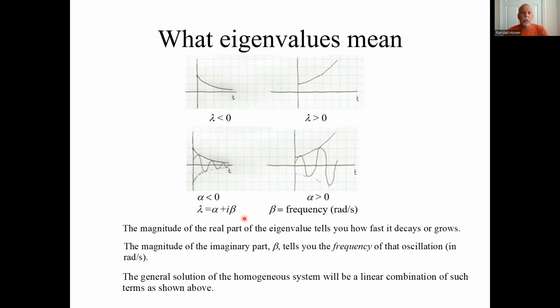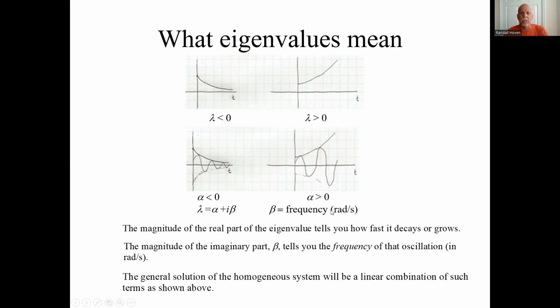If your eigenvalue is complex and the real part alpha is less than 0, it will be oscillation at the frequency beta, radians per second, inside a shrinking envelope because of the alpha. If alpha is greater than 0, it will be a growing exponential.